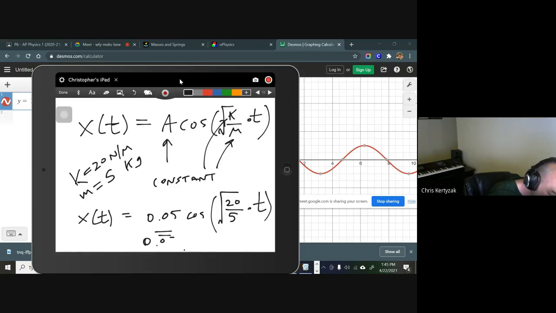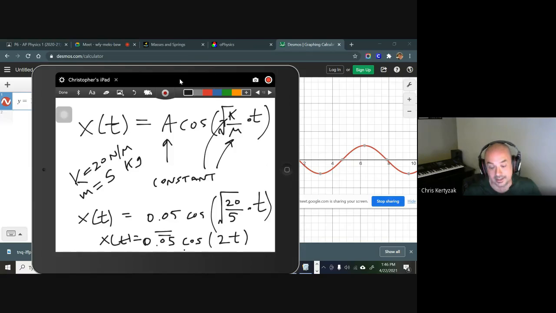So that means the formula that we'd use to model this would be like this. We actually would put those numbers in depending upon what the system properties were, k and m, which are all input here, and amplitude, which is input here based on how far I stretched it.